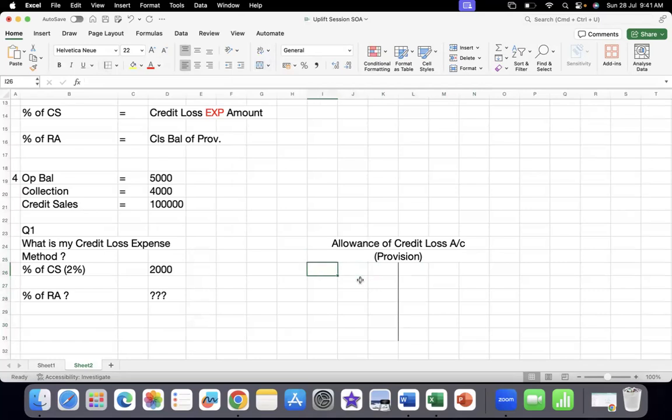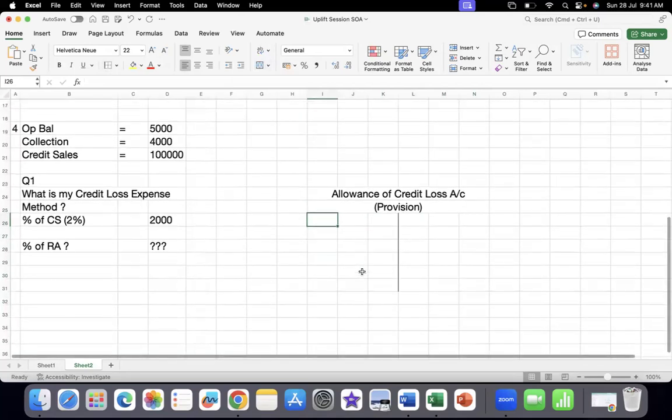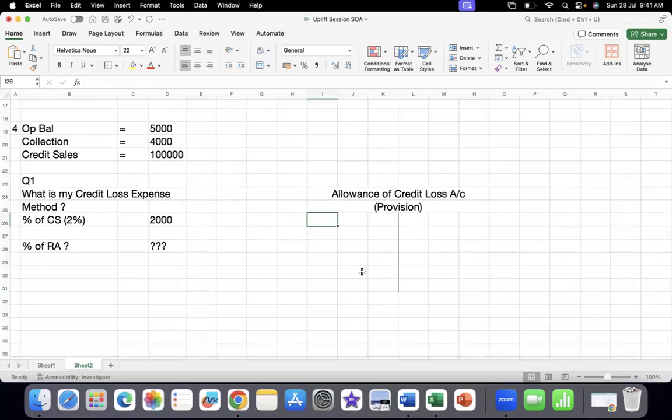So whenever you have a question with respect to accounts receivable and calculation of your allowances, credit loss, closing balance, collection, whatever it is, you always draw a quick account. Whenever you see accounts receivable, you draw an account. That's your first primary step.